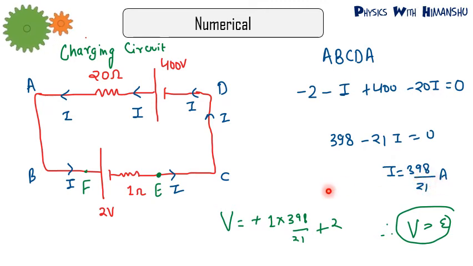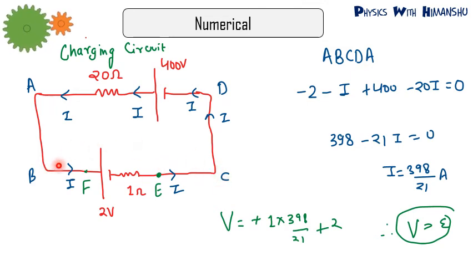Now the TPD for this 2 volt cell, we write the Kirchhoff equation from C to B. How do we write TPD? We move from a point behind the battery to a point in front of the battery.